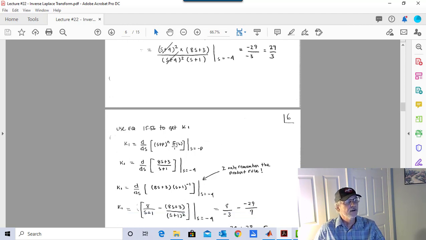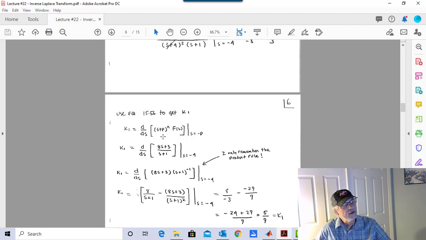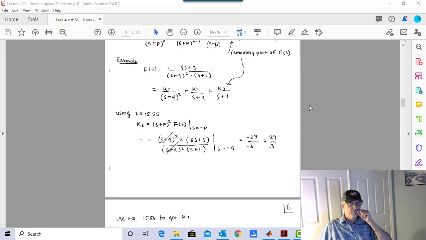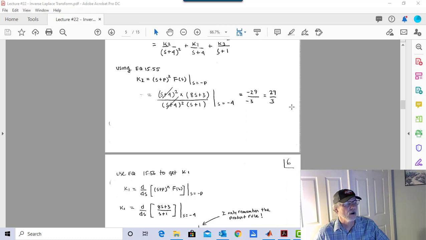Now we're going to use equation 15.56 to get k1. Next, we want to get k1. And we can see that the simple residue method won't necessarily work here, because if we multiply everything out by just s plus 4, I'm going to end up with another s plus 4 here, and I'll get a 0 in the denominator. So it's all going to blow up.